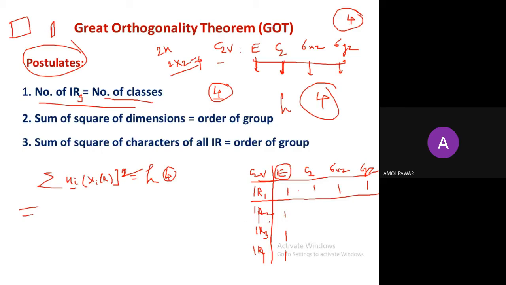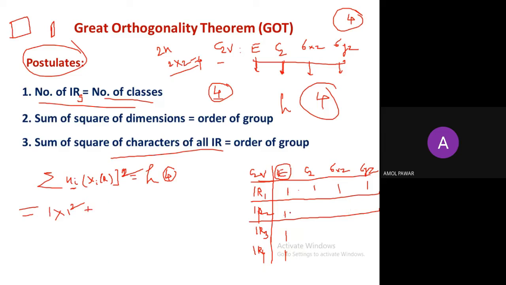Now we have to write this for IR2. Now this 1 class, 1 into 1 is here for identity, character is here 1, square of characters of all irreducible representation is equal to order of group plus.